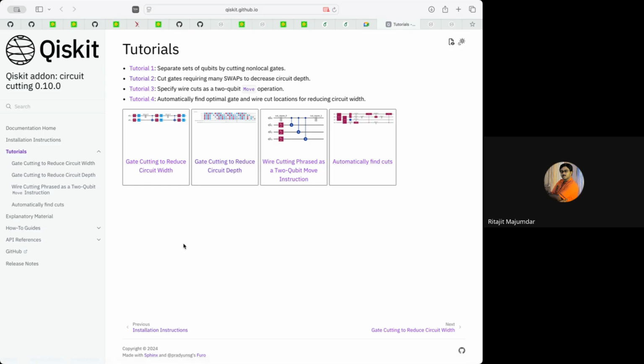Now, if you have a huge circuit and it becomes impossible to manually look for the position where to cut, that is where the fourth tutorial comes in. It's a heuristic tree search algorithm called the automatic cut finder. It automatically finds the cuts for you so that the sampling overhead, the number of circuit executions, is minimized. You can use any of those.